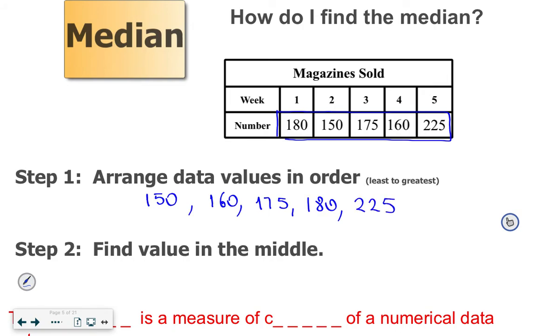After that, step 2, find the value in the middle. The middle number is your median. As you see here, the middle number is 175. So the median is 175.